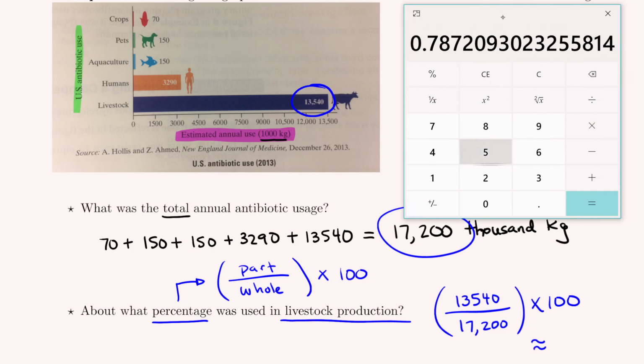Now we multiply that by 100. And we get, rounding to 2 decimal places, about 78.72% of antibiotics in 2013 were used in livestock production.